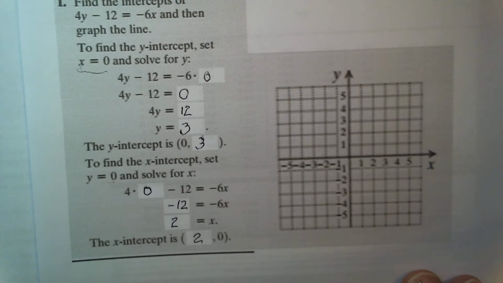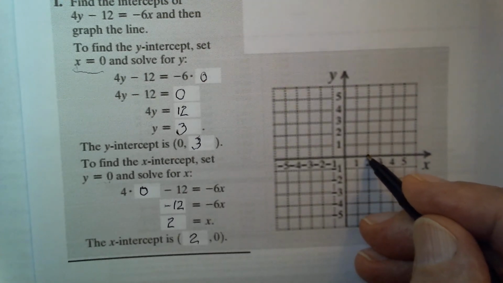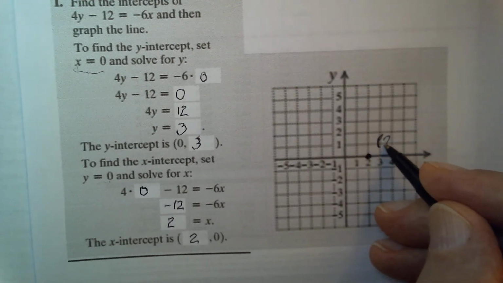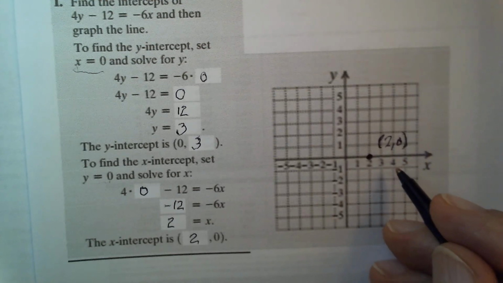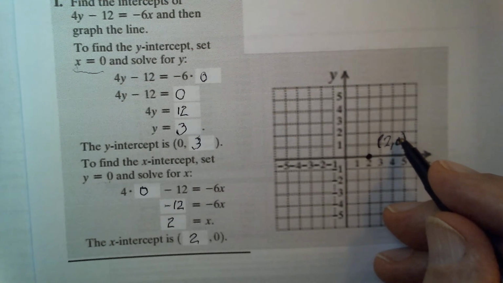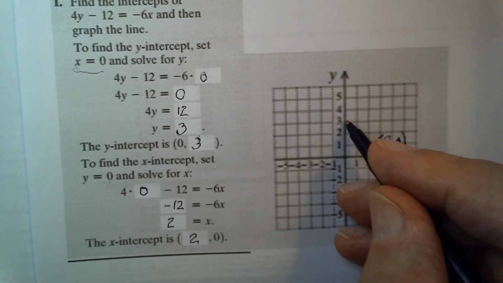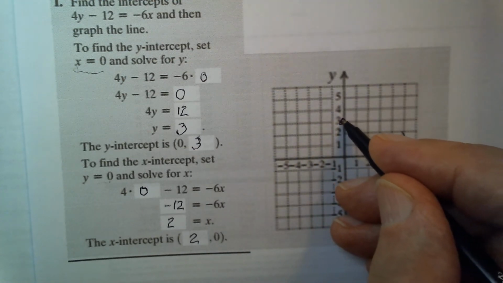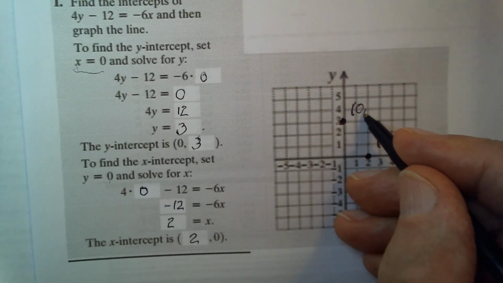When we plot these two points, the x-intercept at (2, 0), notice that for the x-intercept, the y-coordinate is always 0, just like for the y-intercept (0, 3), the x-coordinate is 0.